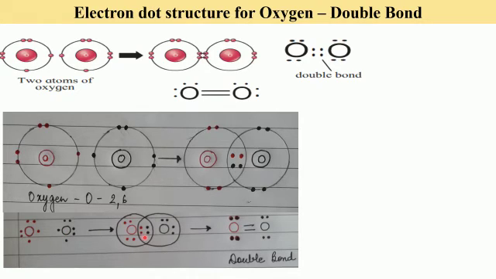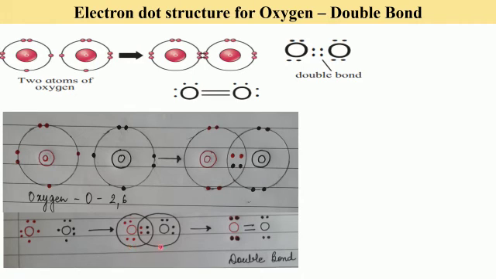Same as we represented here. And finally, the double bond that is formed and the remaining 4 electrons you have to show. So this shows that if two pairs of electrons are being shared between two atoms, it is called a double bond.